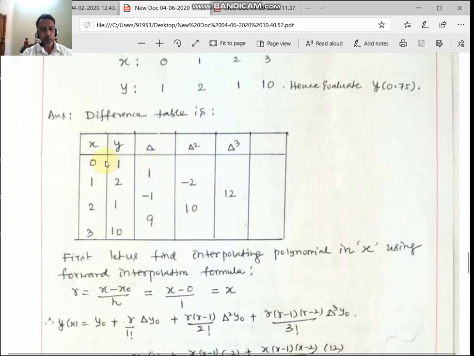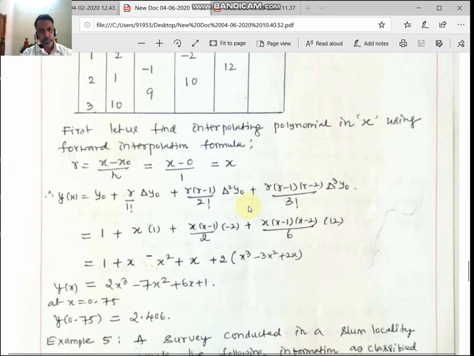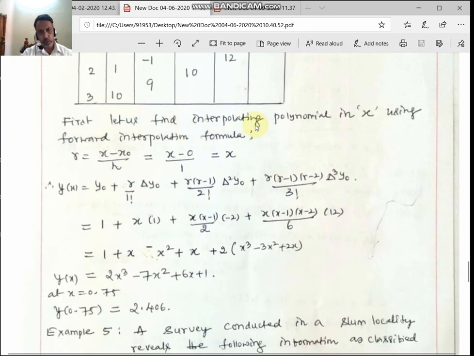First let us formulate the difference table. Write x values, y values, first order difference, second order difference, third order differences. And first let us find the interpolating polynomial in x using the forward interpolation formula. Therefore r can be computed using r equals (x minus x naught) by h, that is (x minus 0) by 1. H value is 1, x naught value is 0, therefore r is equal to x.